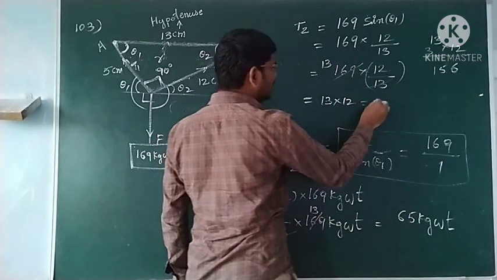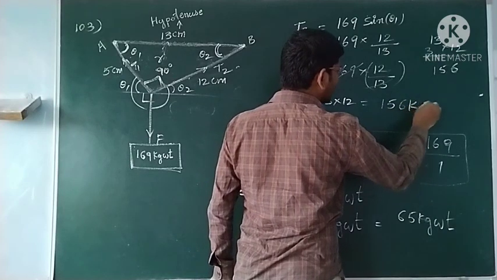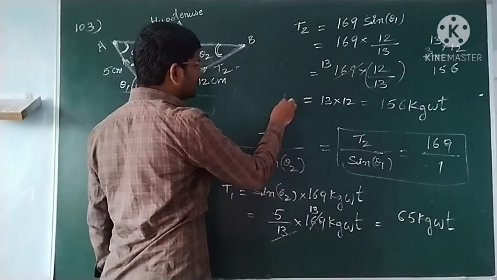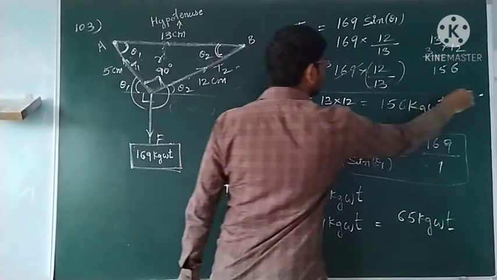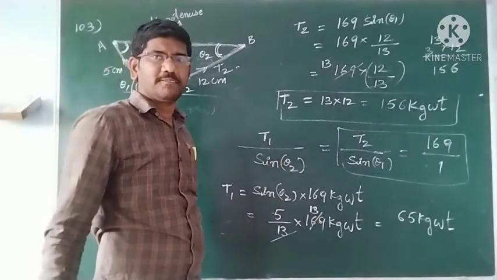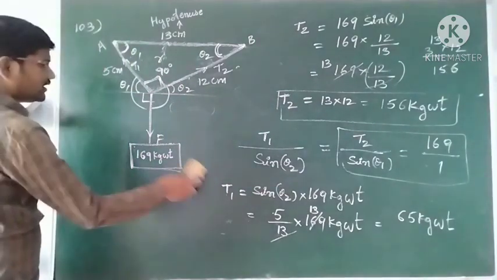So we will get 156 kilogram weight. So this is the tension. Tension T2 is equal to 156 kilogram weight. Okay, students, and we will go for the next problem.